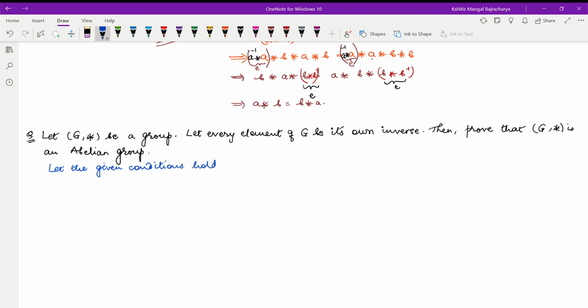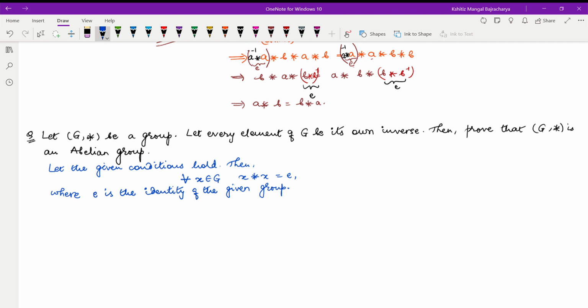Then for all x belonging to G, the element is its own inverse. So we can write something like this, where E is the identity of the given group. Alright.